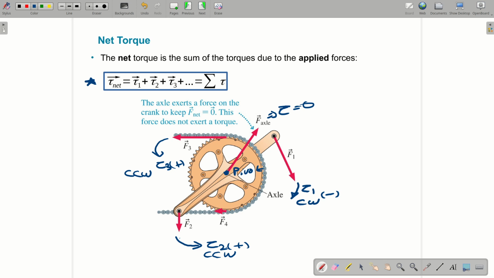And the last one, F4, would rotate in this direction. Again, I'm deciding these logically. Imagine this: if you have a fidget spinner, hold it in the middle and apply all these forces to see the directions. Torque 4 is negative because it rotates clockwise. Then we will find all the torques by applying F perpendicular times R. We'll do some examples on that later on.